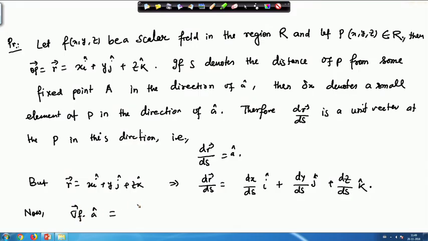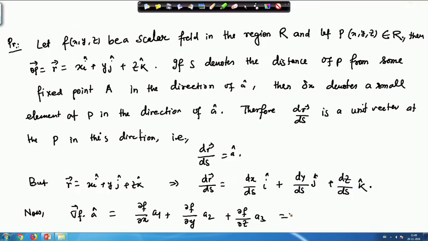This one will be del f del x times A1, and then del f del y times A2, and del f del z times A3, right.